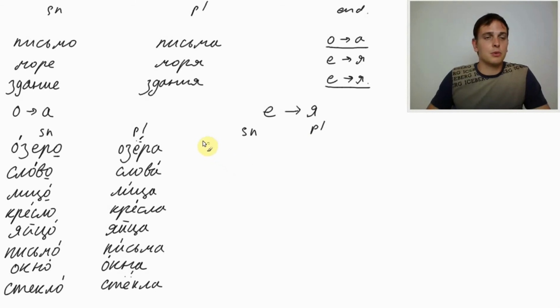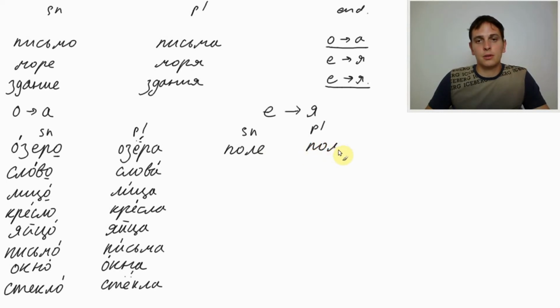And the examples we already got. Море, моря. Здание, здания. Поле, поле is field. And plural of поле, поля. Поле, поля.